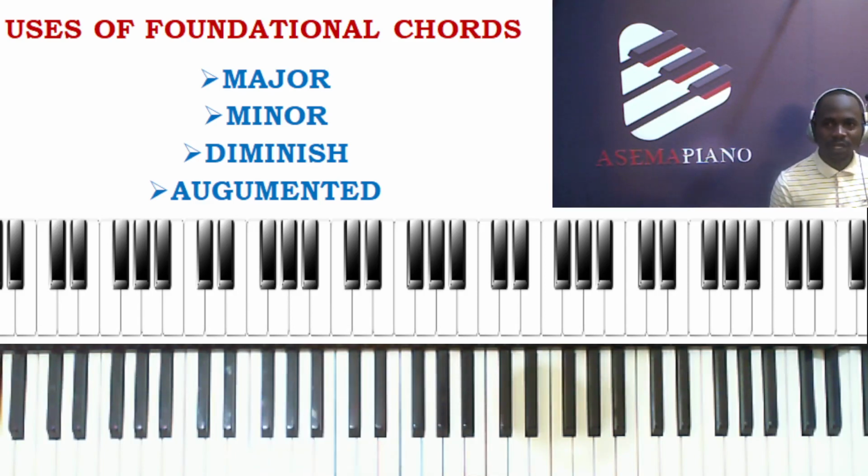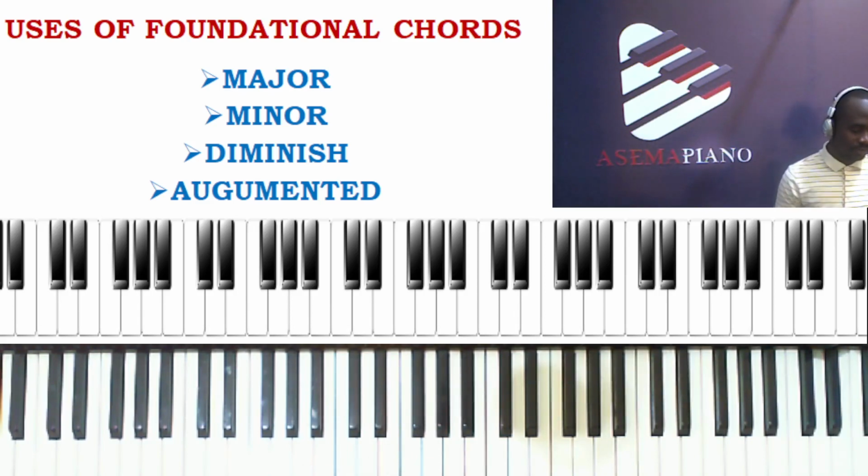I'm going to assume that you know all your major scales in all 12 keys, and also that you know how to play those diatonic chords. But for the case of this lesson, I'm going to show you how you can use the foundational chords and come up with an amazing sound.